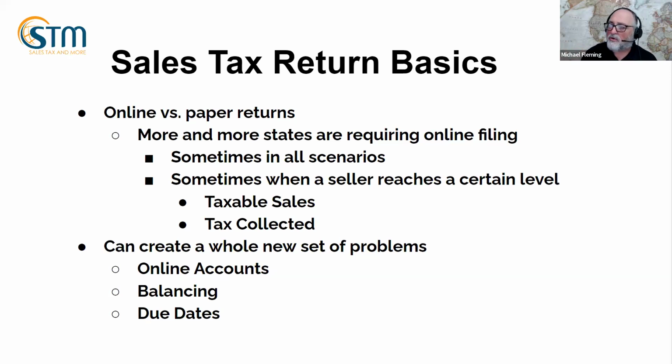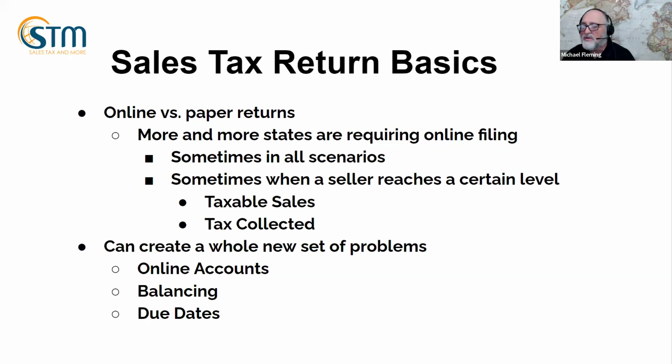And it can create a whole new set of problems when you're filing online. Number one, you got to make sure that you have an online account set up. And you would think when you've registered, they would automatically set up these online accounts. Unfortunately, not all of the states do. And even the ones that do, you sometimes have to then link your tax account to your online filing account or to the online sales tax account.